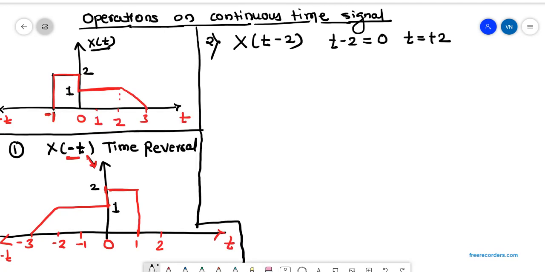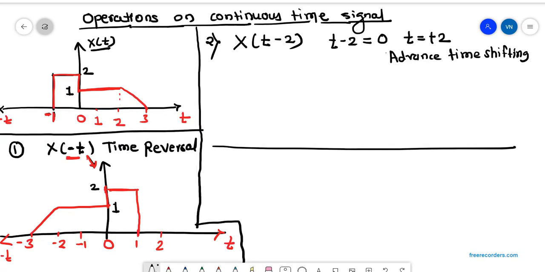Whenever we shift the signal by some plus time value, it's called an advanced time shifting. So we have to shift that signal by plus 2.